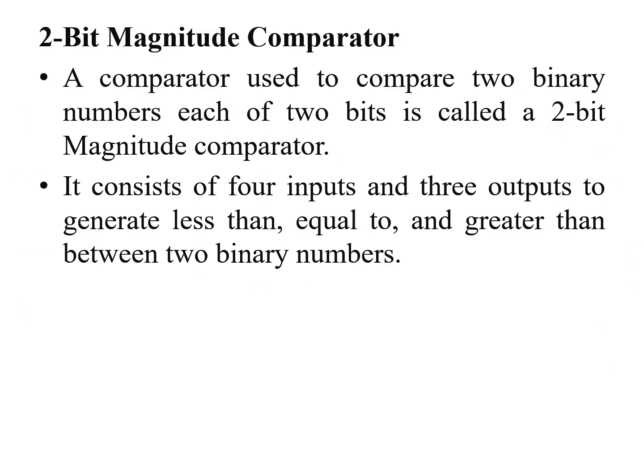2-bit magnitude comparator. A comparator used to compare two binary numbers, each of 2 bits, is called a 2-bit magnitude comparator. It consists of 4 inputs and 3 outputs to generate less than, equal to as well as greater than outputs between the two binary inputs.